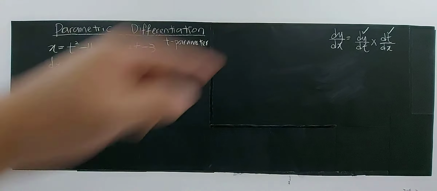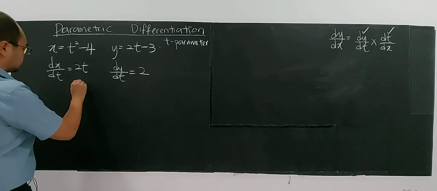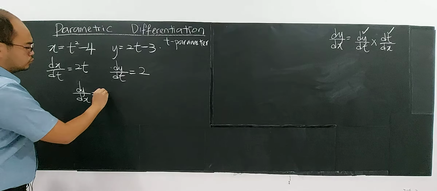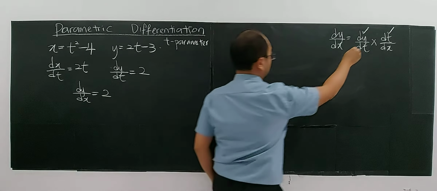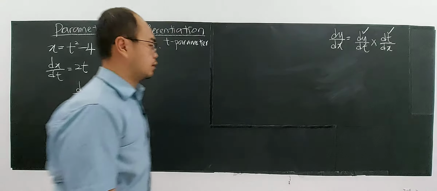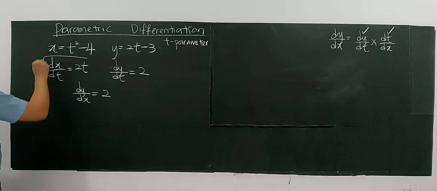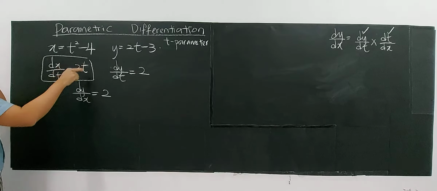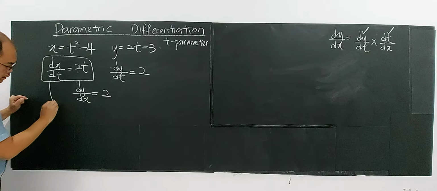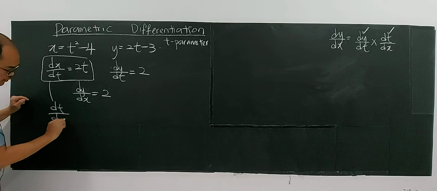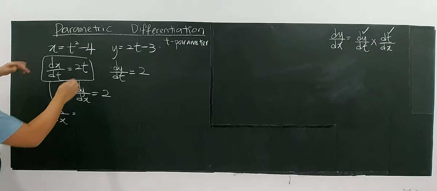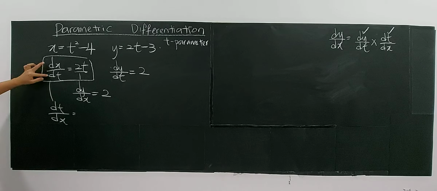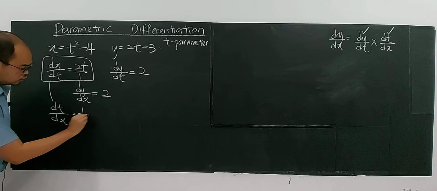So I'm going to find the dy/dx here. Your dy/dx is dy/dt multiplied by dt/dx. Your dx/dt is 2t, so dt/dx, this whole thing will be reversed: dx/dt is 2t over 1, so dt/dx is 1 over 2t.